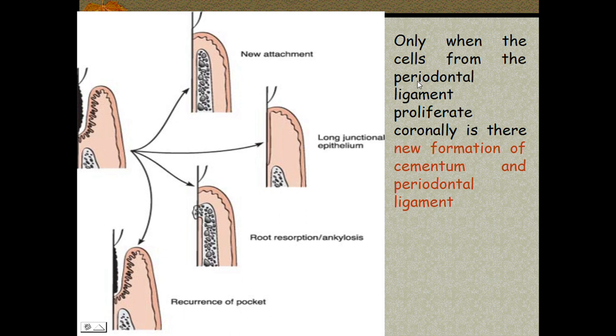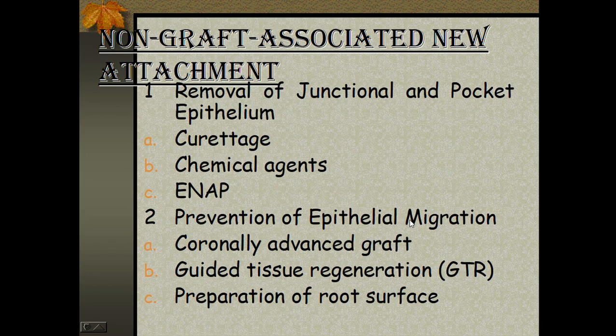Only when the cells from the periodontal ligament proliferate coronally, then there is formation of new cementum and periodontal ligament. Non-bone graft associated new attachment. How do we try to achieve this regeneration? By removal of junctional and pocket epithelium, as I have already discussed in my last lecture.